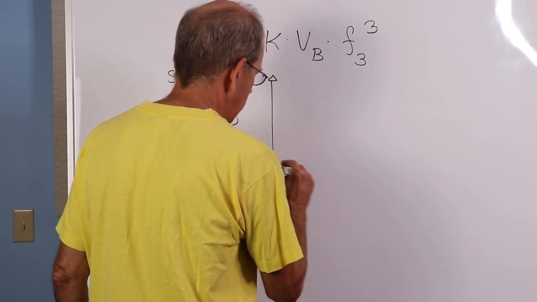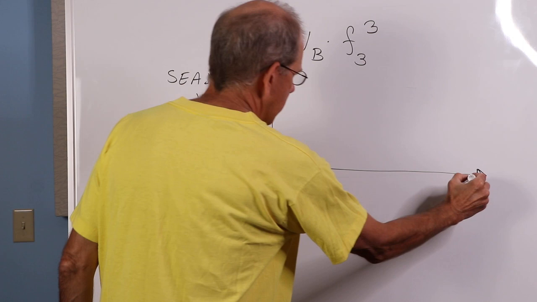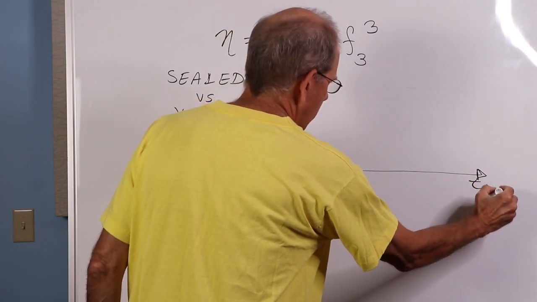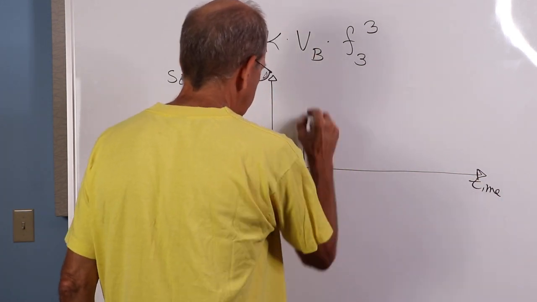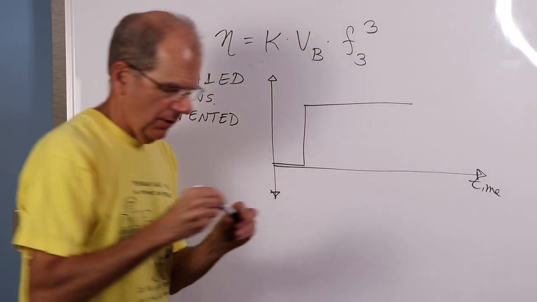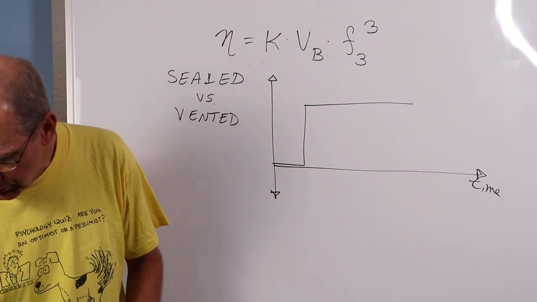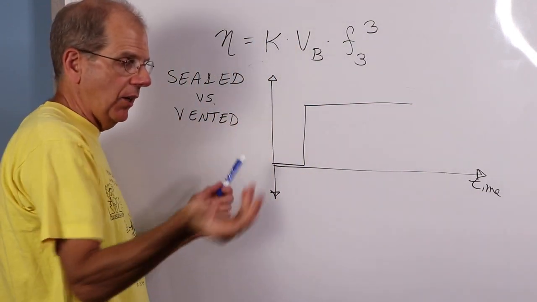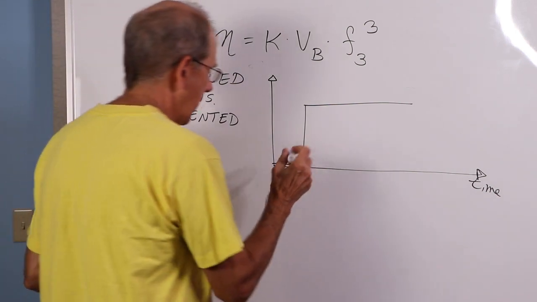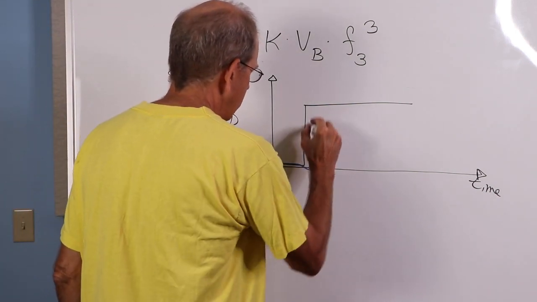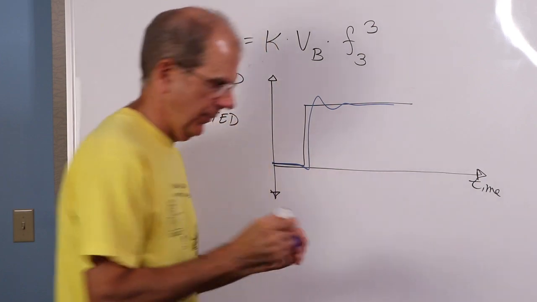So if we look at a step function coming in here, so here's time, all right, just something like this, boom. For that sealed system, you're going to get a little bit of ring. You have a mechanical system, it can't start and stop instantaneously. So you're going to get something that might go like this.